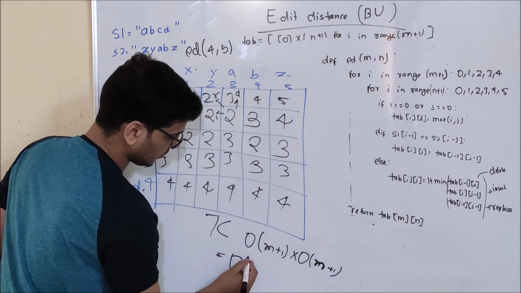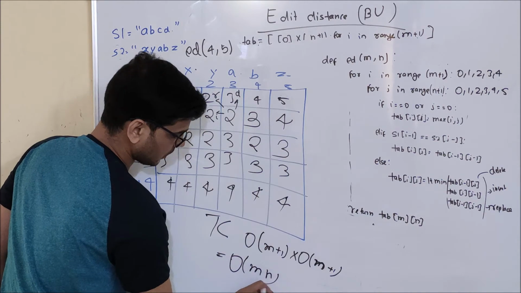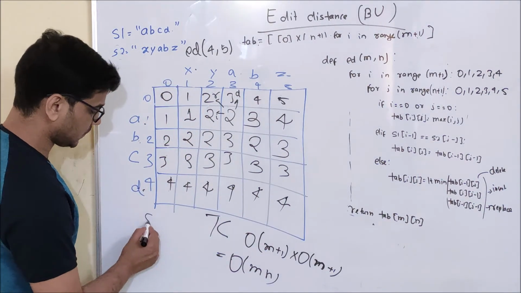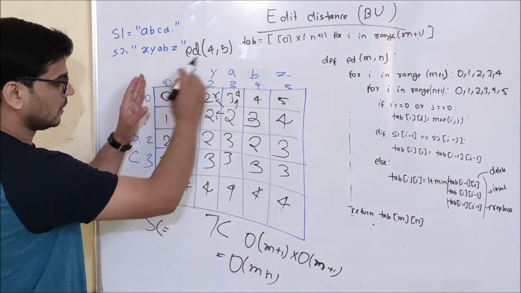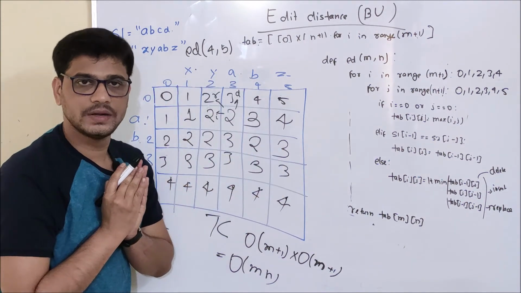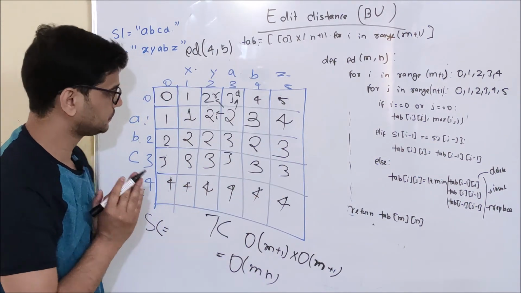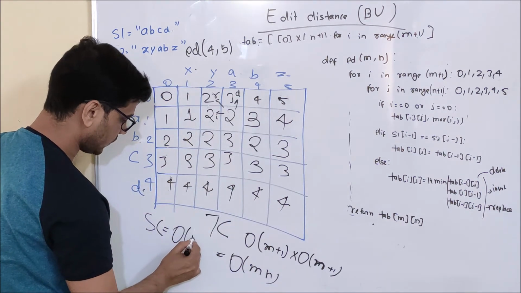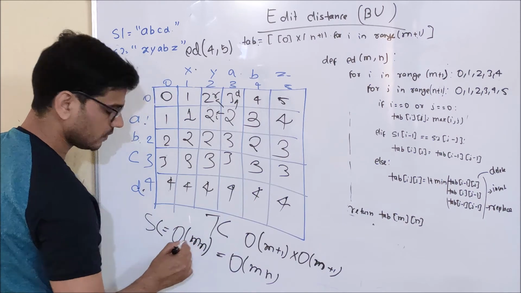So time complexity will be order of m n. Okay, now see space complexity. This is the table which I am updating in this particular example. So space complexity will also be order of m n.